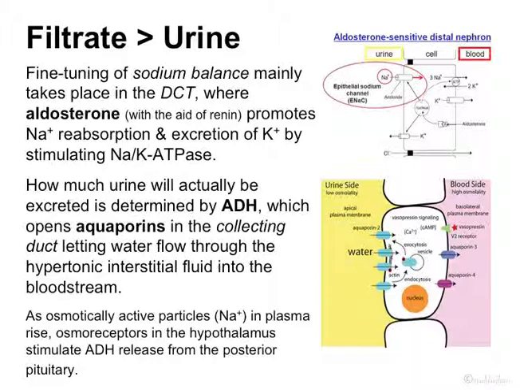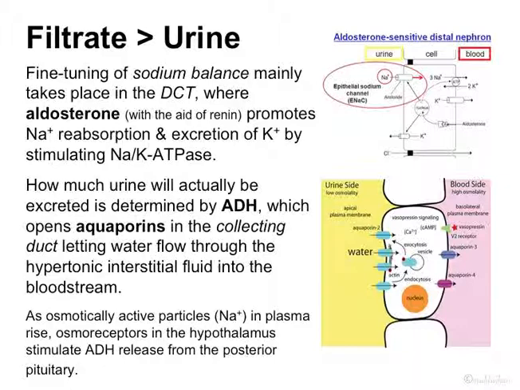That's right before we get into the pelvis and then the ureter. Aquaporins, aqua is water, let water flow through the interstitial fluid into the bloodstream. Because the interstitial fluid is hypertonic, very salty so to speak, water will be pulled out when these aquaporins are open and go into the bloodstream.